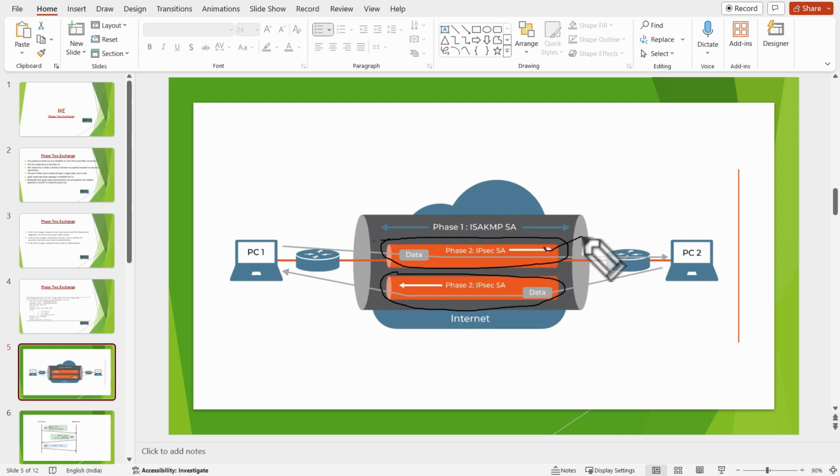This is the phase 2 IPsec SA and this is the phase 2 IPsec SA, and this whole communication is running inside phase 1. So we have one tunnel, which we know as phase 1, and inside phase 1 there is another tunnel running, that is phase 2, which is responsible for the actual data flow communication.